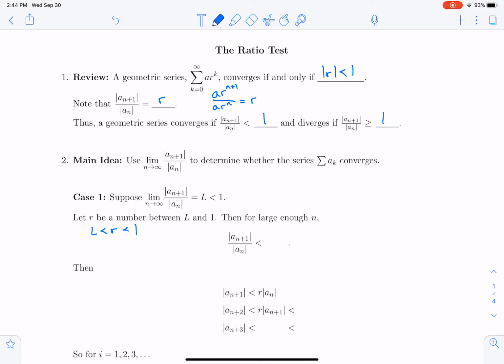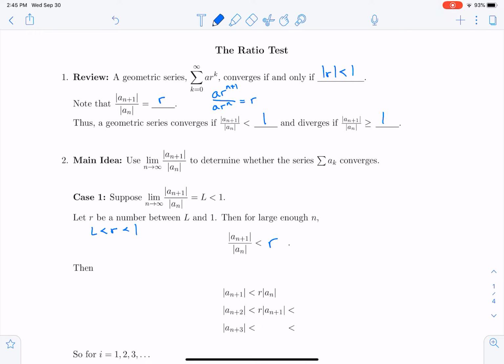Then if you go far enough out in the sequence, because the limit is L, it must be that the absolute value of a_(n+1) over a_n is going to be less than that number R. We know that the limit approaches L, but if you go far enough out in the sequence, the ratio of those terms is going to be less than some number that's a little bit bigger than L. So we'll call that number R.